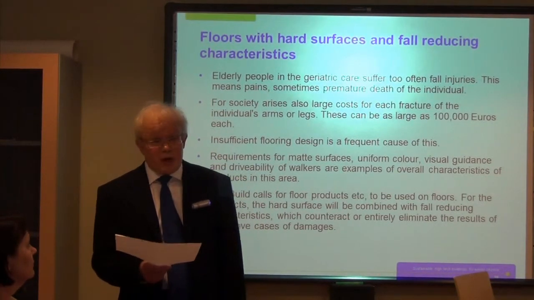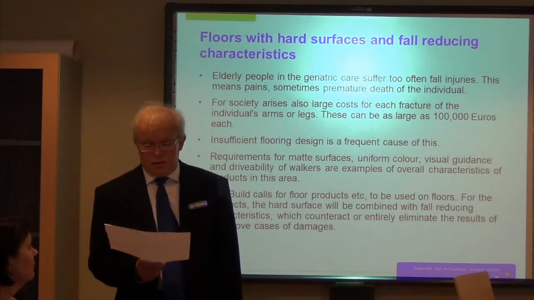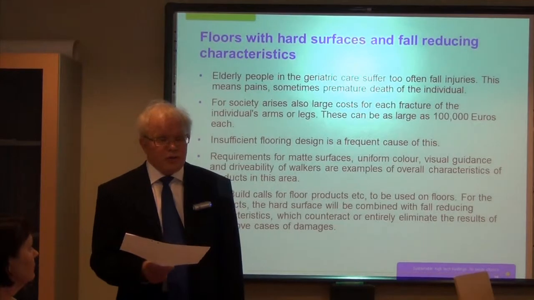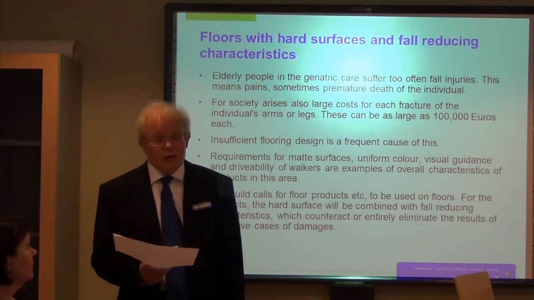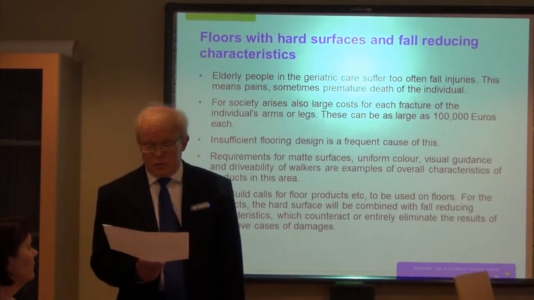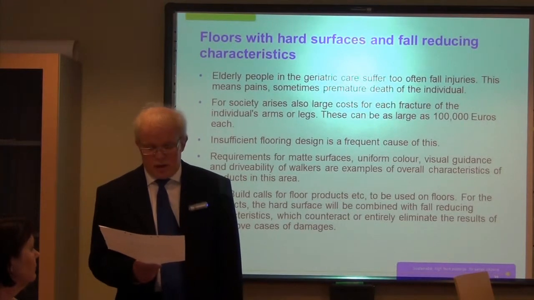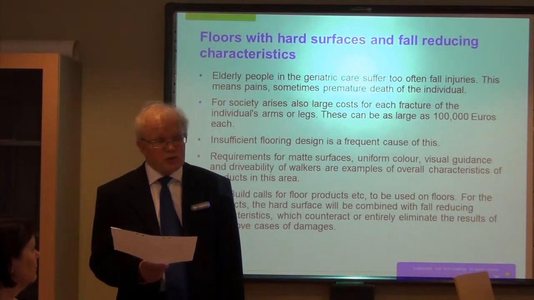This means pains, sometimes premature death of the individual. And for the society, also large cost for each fracture of every person's arms or legs. And it can be as large as 100,000 euro each.